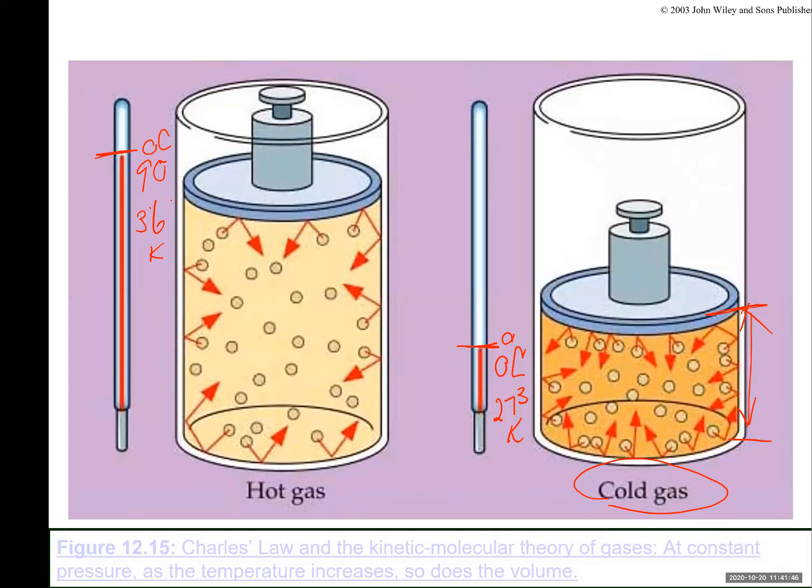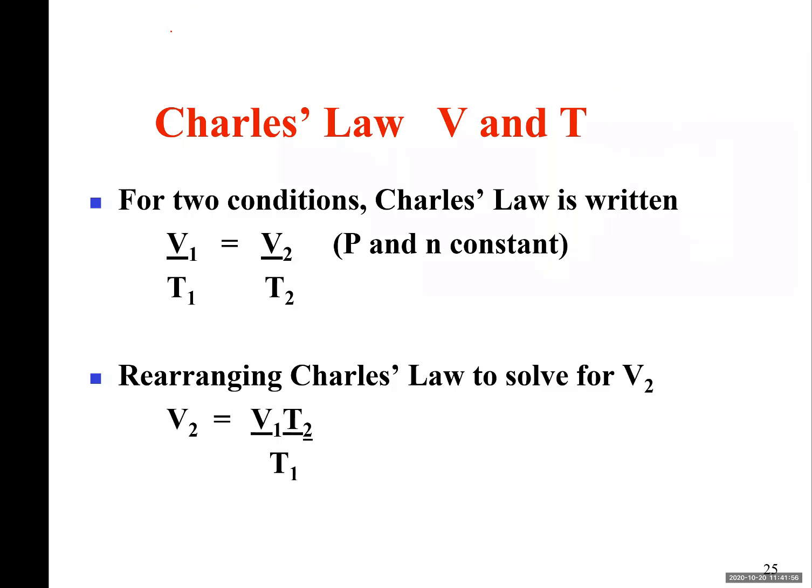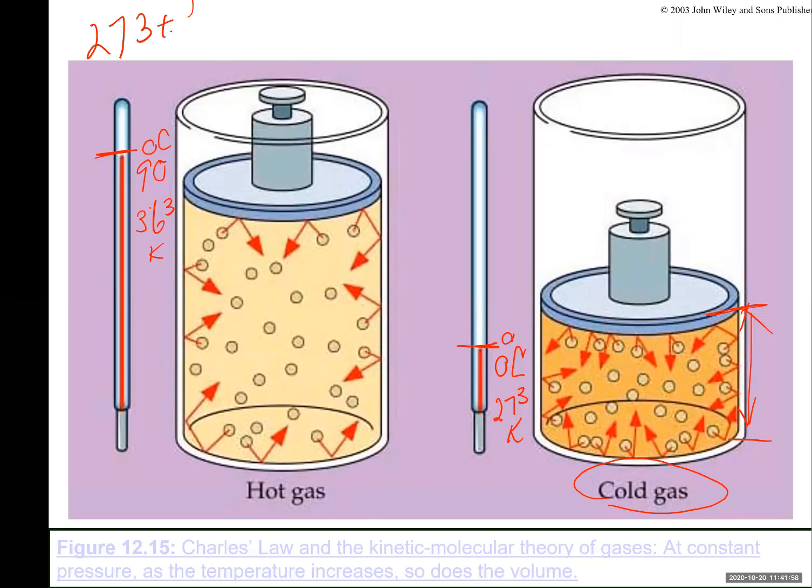363, right? If you add 90 to 273, what do you get? Did I get it correct? 273 plus 90, 363 is the temperature. So what did I do? I increased the temperature from 273 Kelvin to 363.